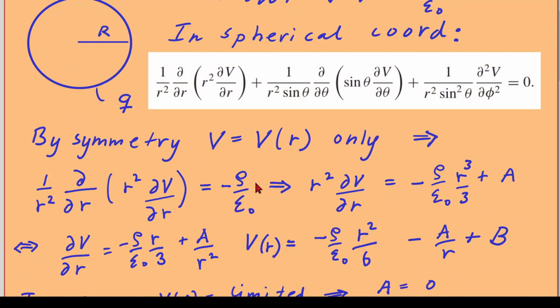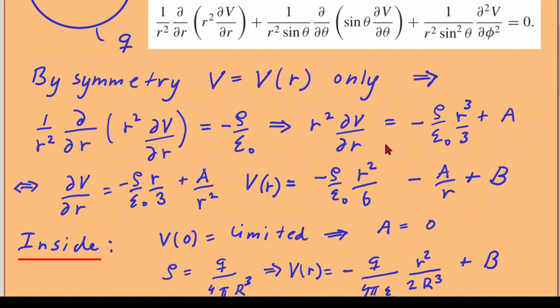So, multiply by r squared. Then there is the derivative here equal to this times r squared. So this guy here must be equal to the primitive function of that, when you have r squared here. So you get r cubed over 3 plus a constant. So far so good. Then we divide by r squared, so obviously we get r over 3, then a constant a over r squared.